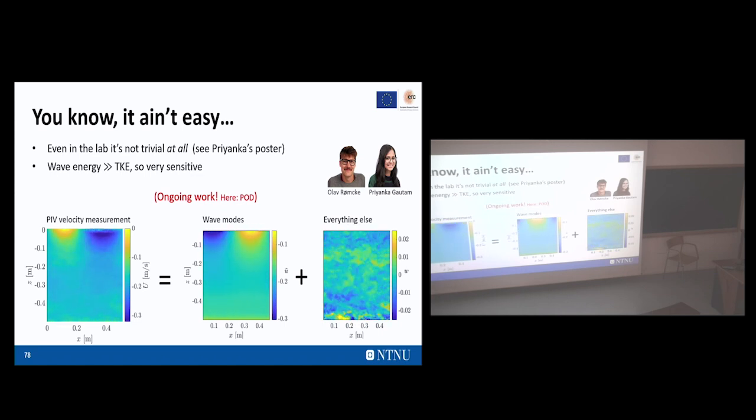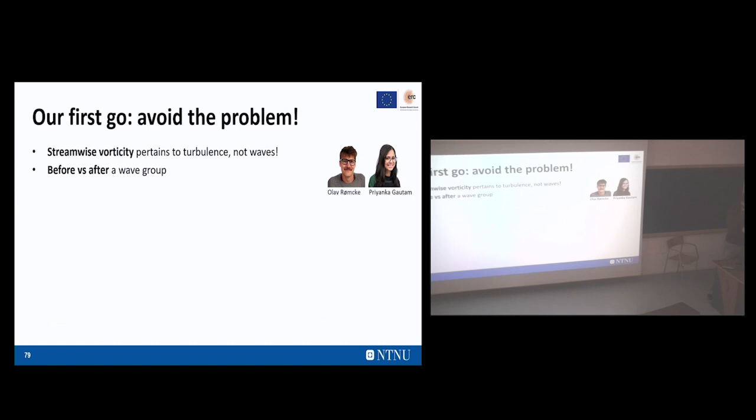So this is very much ongoing work, but here we're having some success with proper orthogonal decomposition, a numerical decomposition method where we have basically the waves plus the turbulence. And Daniel also showed some nice coordinate transformations, which we're also trying to employ. But it's not easy.